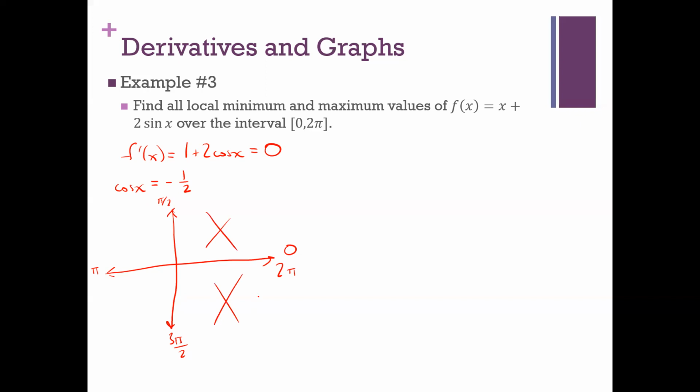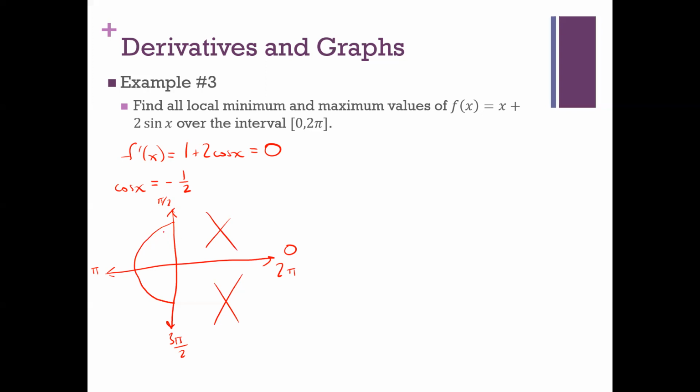So remember, if we're looking at the unit circle, which I'll actually draw part of now, the cosine of an angle is related to the x coordinates that are on the unit circle, right? So if the cosine is negative, that means I have to be left of the y-axis. So basically, I'm going to have an angle in each one of those quadrants that makes this true.